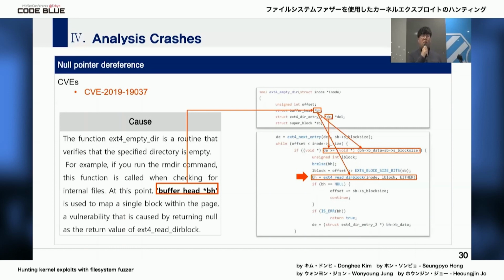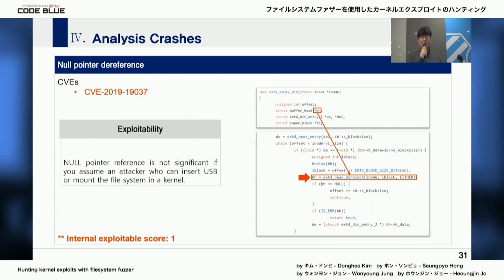If the pointer becomes null, the location of b_data cannot be calculated. If the next loop fails to find the next entry during the loop of the function, if the return value of the ext4_read_dirblock function becomes 0, then the next loop is a null pointer dereference vulnerability that occurs because the location of the data is not calculated.